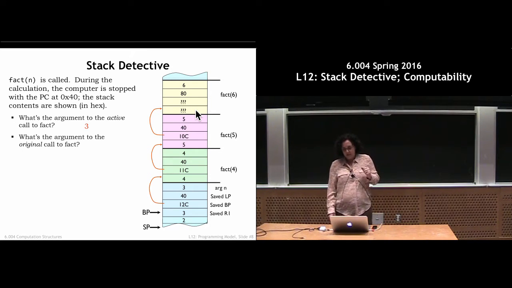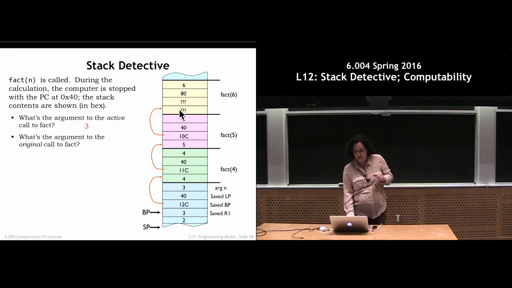And then if we analyze this further, looking at the values of the linkage pointers that appear here now that we've actually identified our activation records, well, we see that we have 2 distinct values for our linkage pointer. We have 40, that's stored here, here, and here, and we have 80 that's stored up here, okay? The fact that this value is different from the others means that this corresponds to the original call to factorial from my main program.